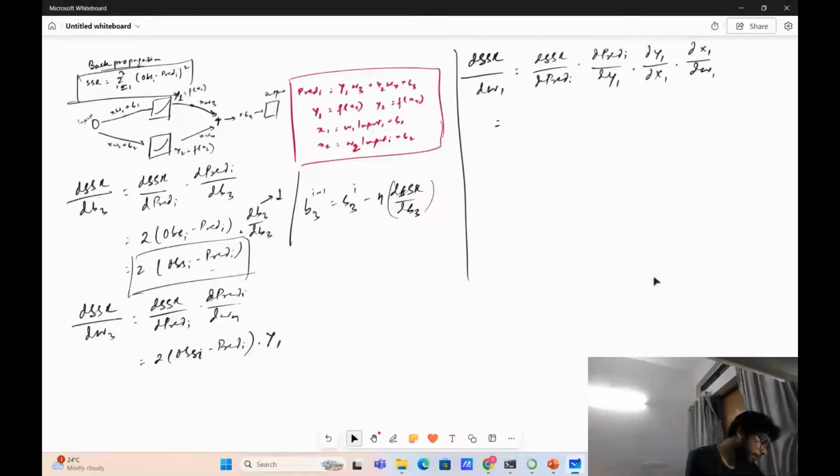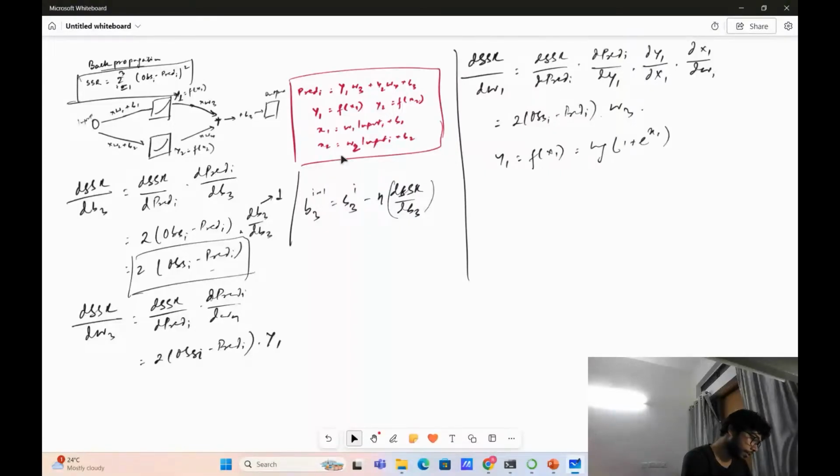So again, similarly, derivative of SSR with respect to predicted is twice observed minus predicted. Derivative of predicted with respect to Y1 is W3. Now derivative of Y1 with respect to X1. So what is Y1? Y1 is f of X1. In this case, we are using the softplus function. Softplus function is log of 1 plus e to the power x1.